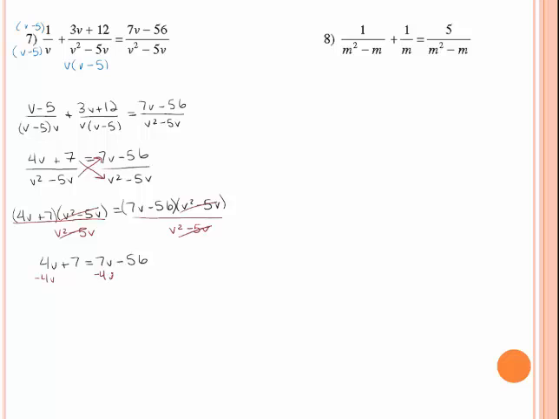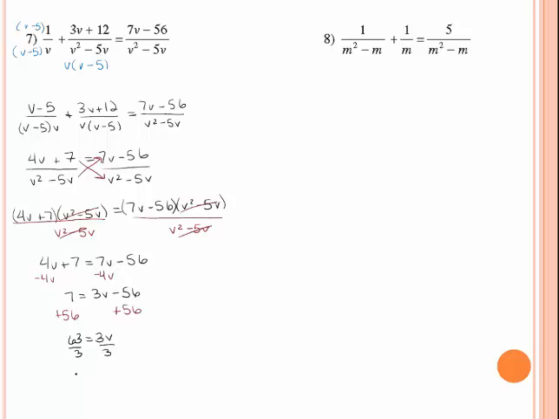And that will leave me with 7 is equal to 3v minus 56. I will add 56 to both sides. And that will give me 63 is equal to 3v. And dividing both sides by 3, I'm going to get v is equal to 21.